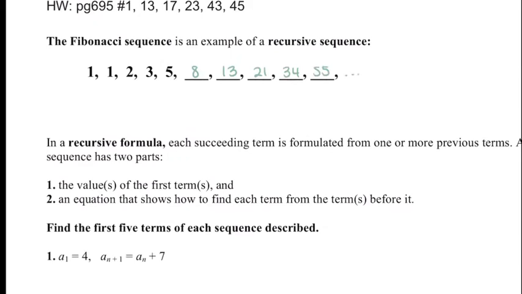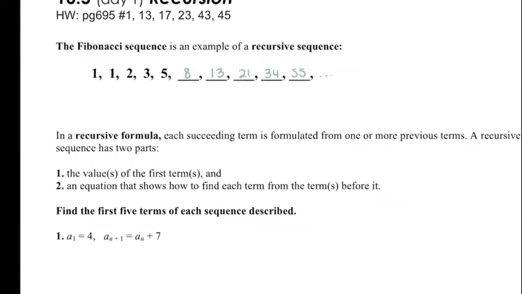Okay, so guys, that is what we know as a recursive sequence. The reason why it's called a recursive sequence is because each term you get is found by using the previous terms. That's why it's called recursive. So to get to the next term, you have to use the previous terms to get there.